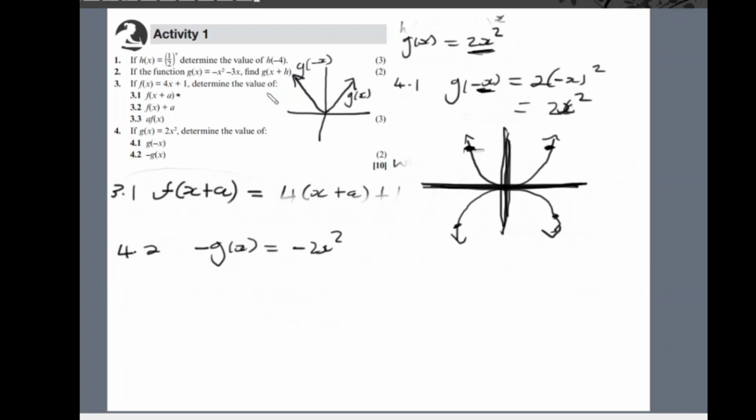So in 3.1, this part is a horizontal shift, this one is a vertical shift, this one we are shrinking or expanding the graph of f, and in question 4.1 this is a reflection about the y-axis, and this is a reflection about the x-axis, right?